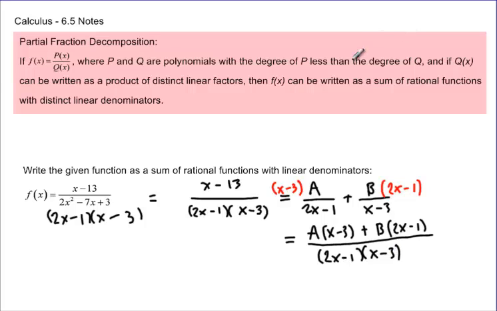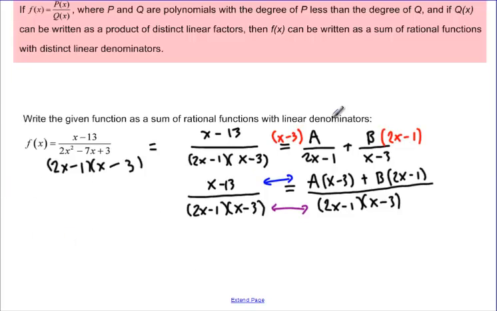Okay? And using my equality, if I have x minus 13 over 2x minus 1 times x minus 3, then the bottoms have to be equal, which they are. And the tops have to be equal, which is what we have to discover.